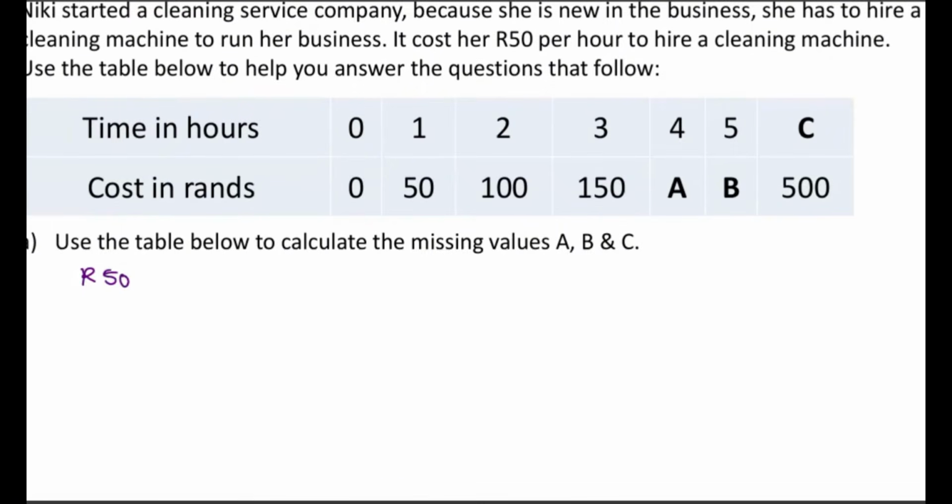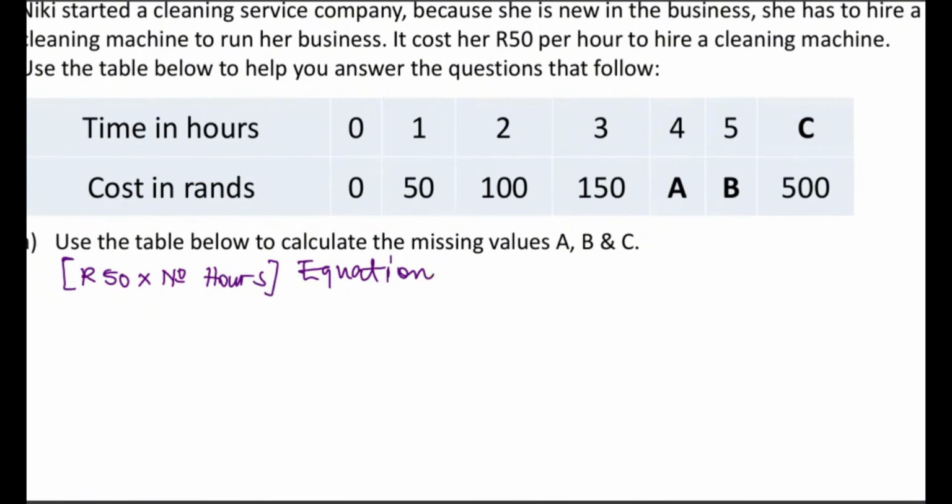That means if you're looking for the total cost, you'll get 50 rand times the number of hours. And this becomes the equation. So for Nikki to determine the total cost, she will always use this equation.